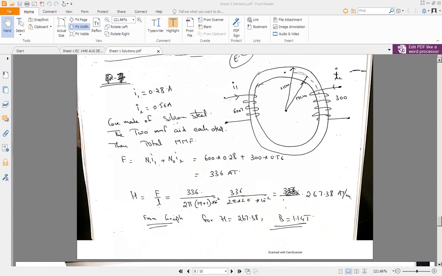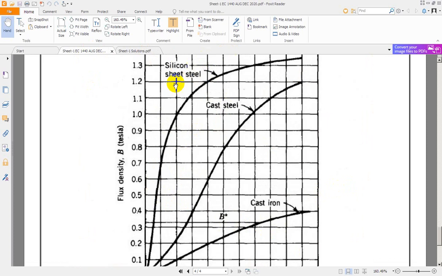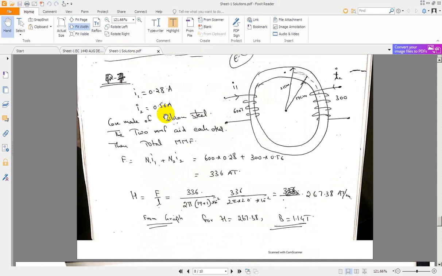Why have we selected this part? Because this graph is for cast iron, this is for cast steel, and this graph is for silicon sheet steel, and the material we are using is silicon sheet steel.